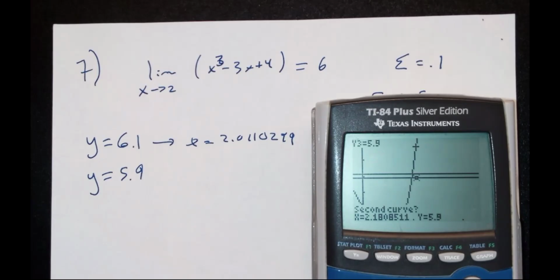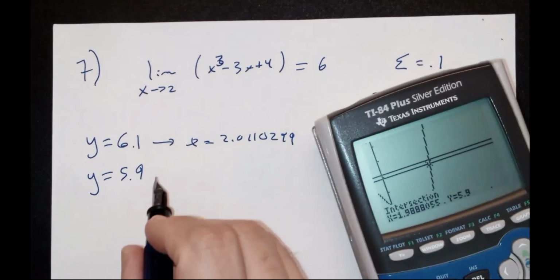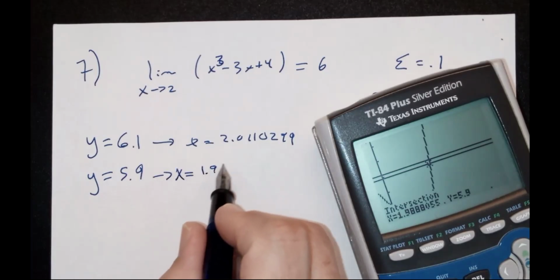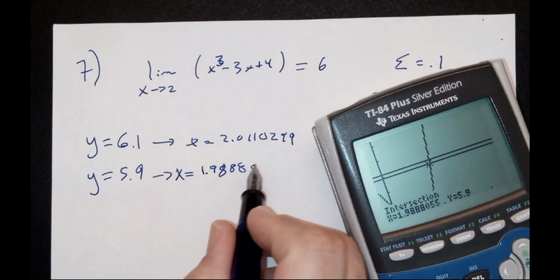That's the equation I want. Hit enter, get close to where you think they cross, and hit enter again. It's a little bit less than 2. 1.9888055.